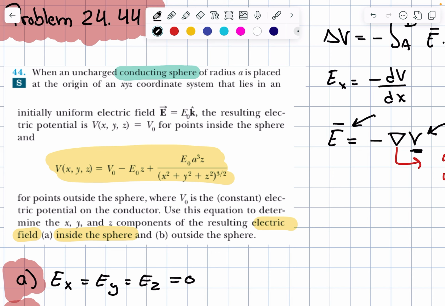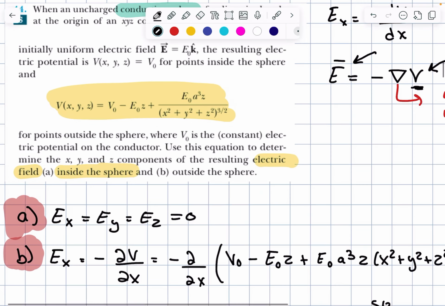And we know that the electric field inside a conducting sphere is 0, always. By always, I mean in all those situations you'll see in Phys 205. If it doesn't say anything else, it just says inside a conducting sphere, you know the electric field is 0 inside of there, okay? Now, on the other hand, we want to do B, which says, well, what's the electric field outside the sphere? And it does exist.